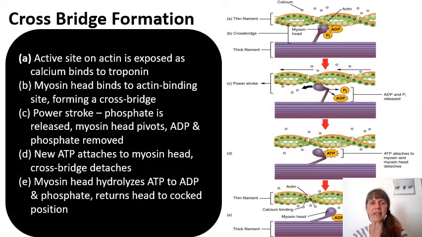This picture is another recap of cross bridge formation. Remember that after calcium has been released into the sarcoplasm and binds to troponin, that pulls tropomyosin away from the myosin binding sites on actin. With an energized myosin head, a cross bridge can form as myosin binds to the myosin binding site on actin. How do I know this is energized?